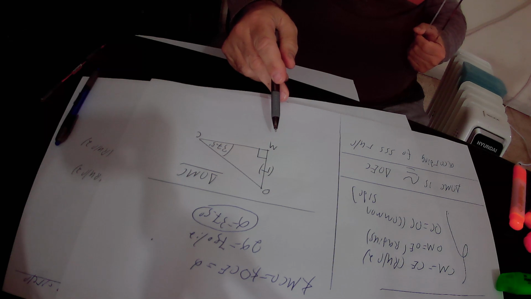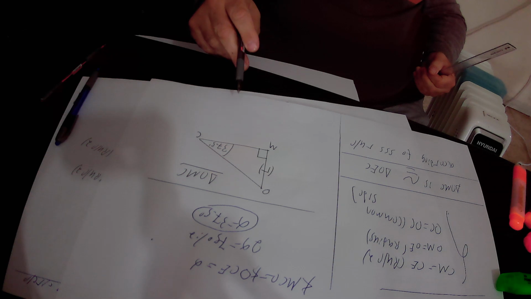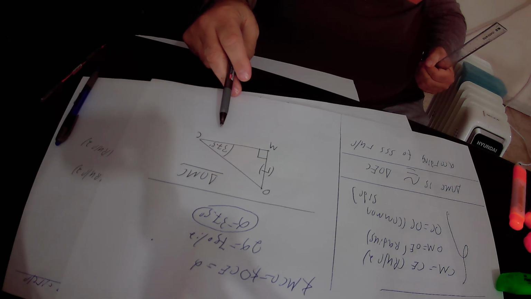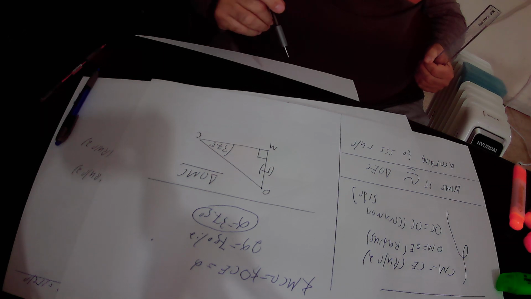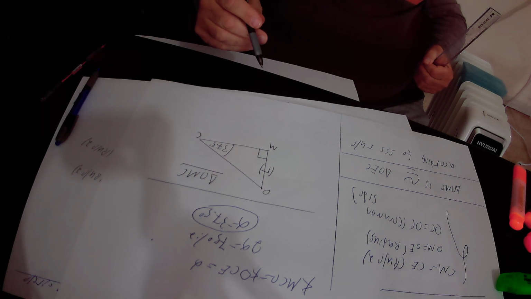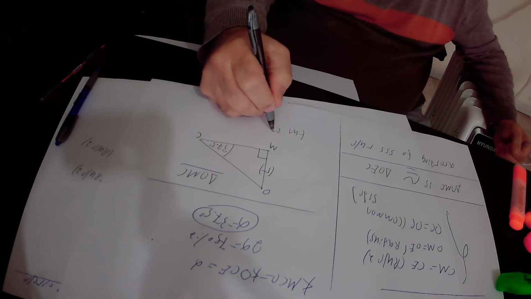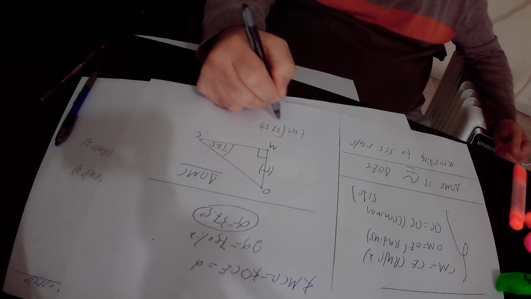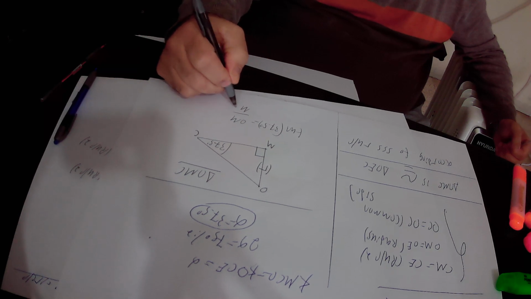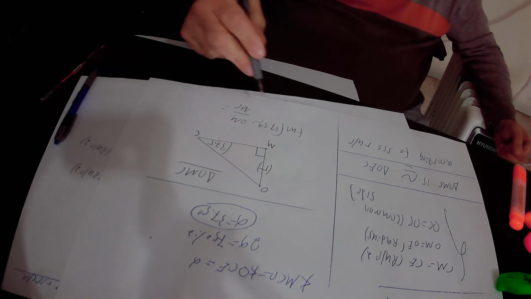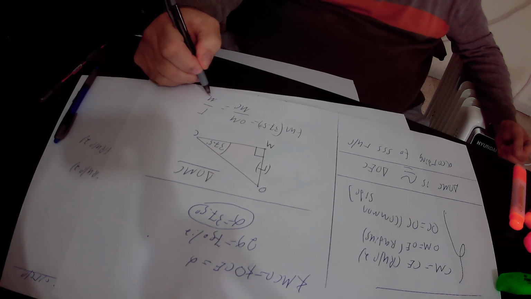OM is the radius of the circle, therefore it equals R. And this angle alpha equals 37.5 degrees. In the right triangle OMC, tangent 37.5 degrees equals OM over MC. OM is R, the radius of the circle, over MC.